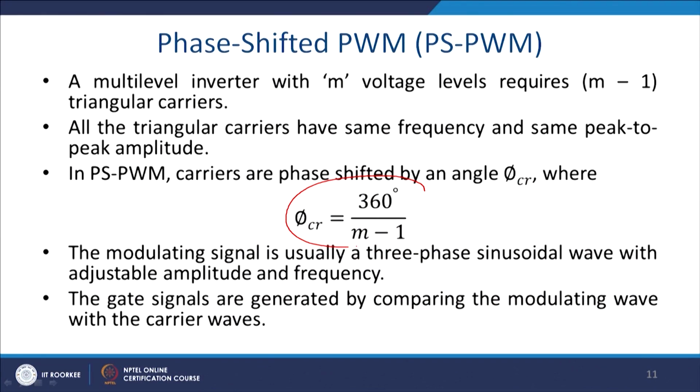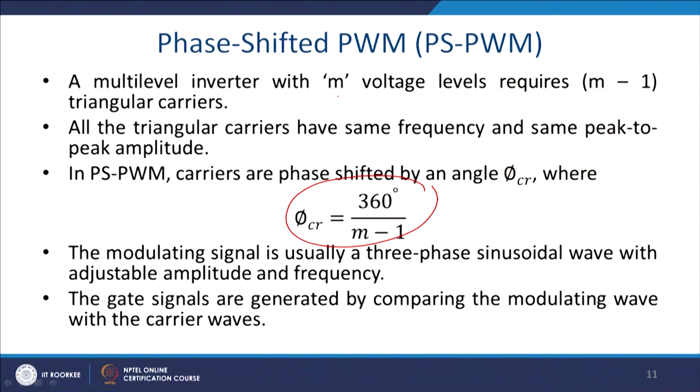Essentially, the unipolar PWM can be termed a phase shifted PWM, where the phase shifting is 180 degrees, but here it will be different, and this is the phase shift equation.